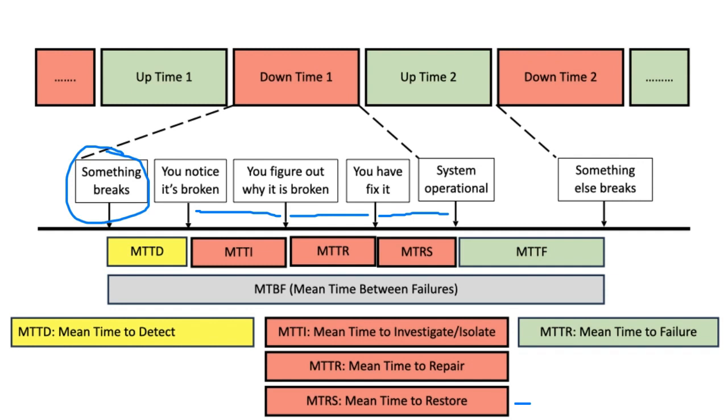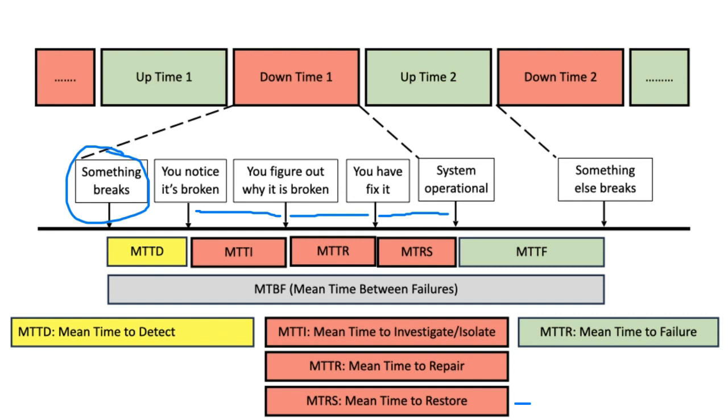After the system is operational, the time until something else breaks, operationally, we call MTTF, mean time to failure. Now, mean time between failure includes all of them: mean time to detect, investigate, repair, restore, and mean time to failure.